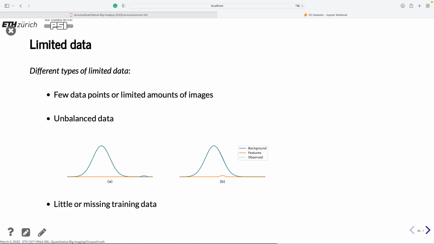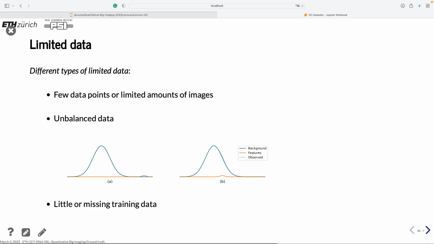But what happens if you have them overlapping like this? Then you only see a very weak bump on the main distribution, and it's very hard to distinguish. The way to get around this is to focus more on the underrepresented type, and hopefully get a better balance.